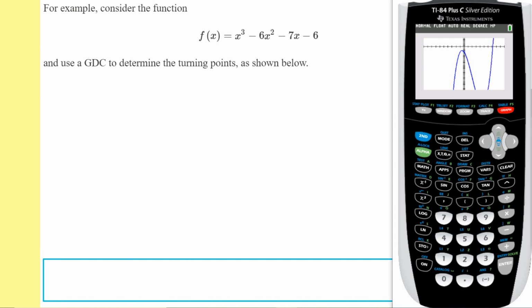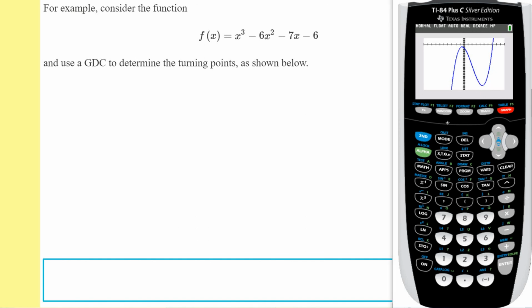I'm still not there. Okay, so we adjust our window again. Third time's a charm, right? Let's do negative 75. Oh, there we go. All right, so now we have a minimum.